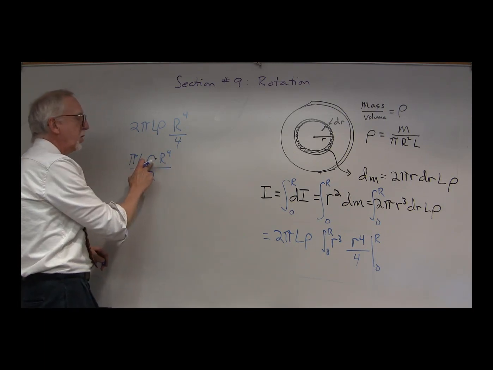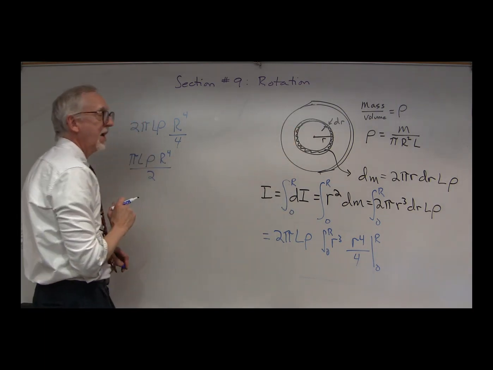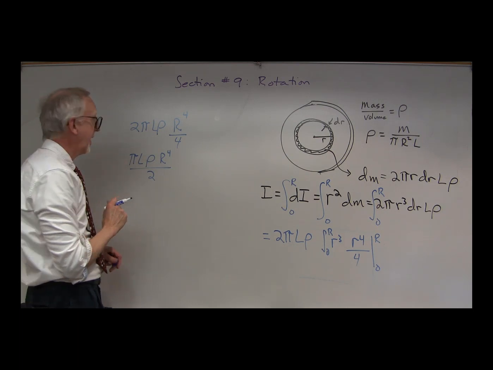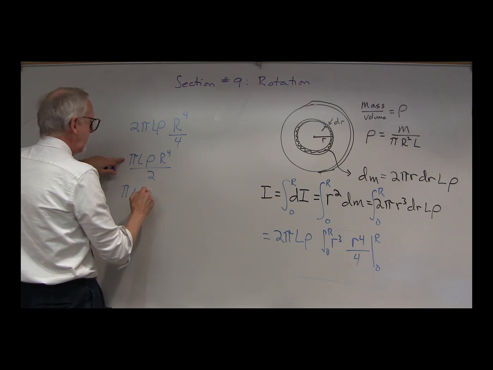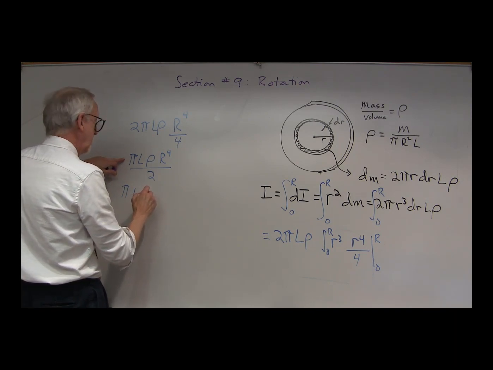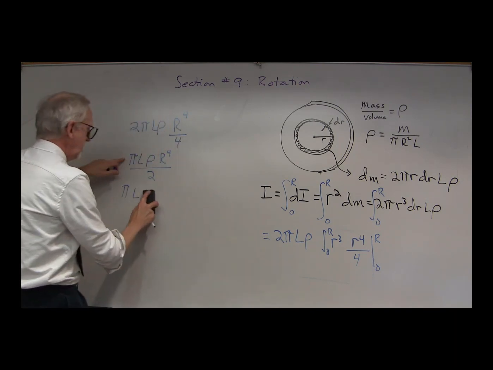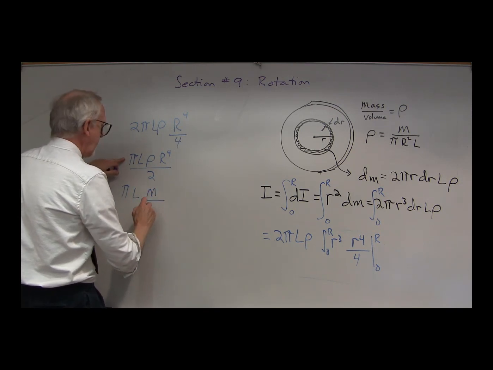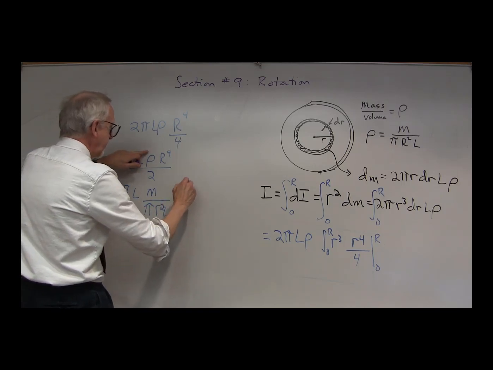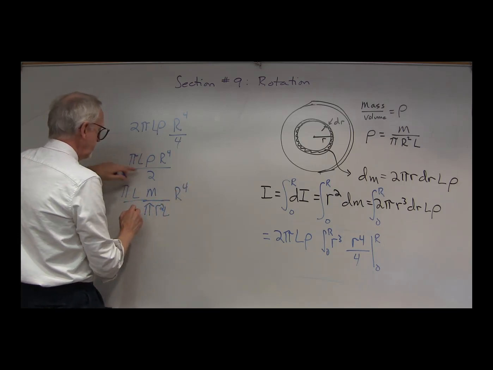Now, what is rho? Let's remember. Rho is M over pi R squared L. So let's write that in. We have pi L times rho, which is M over pi R squared L, times R to the 4th over 2.